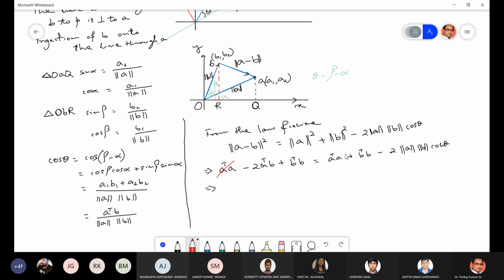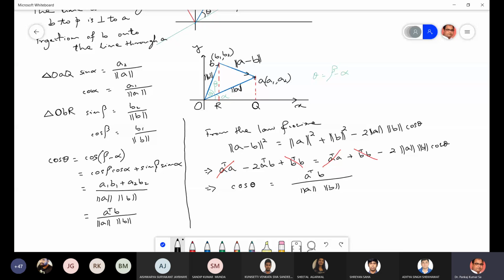No change. In fact, I should not write in that way. Let me write it in this way. Cos theta, it is the same thing, right?